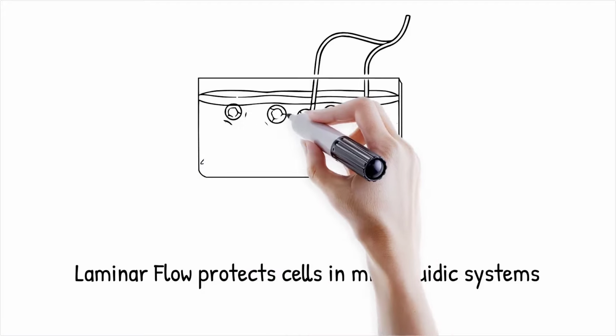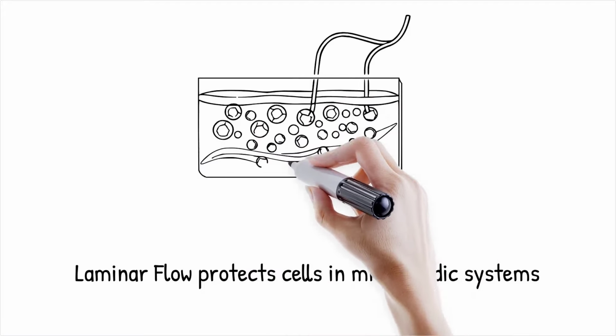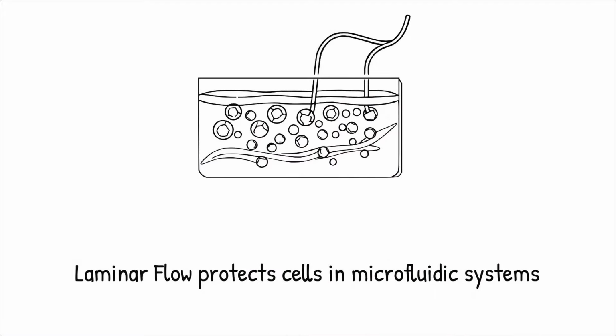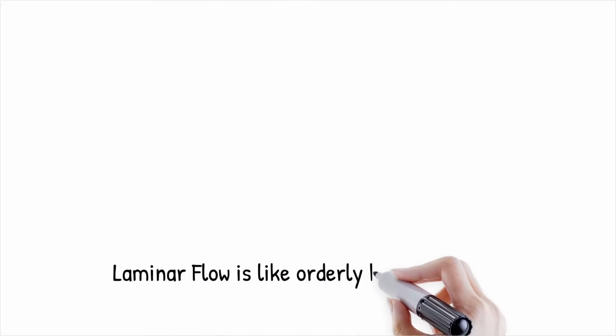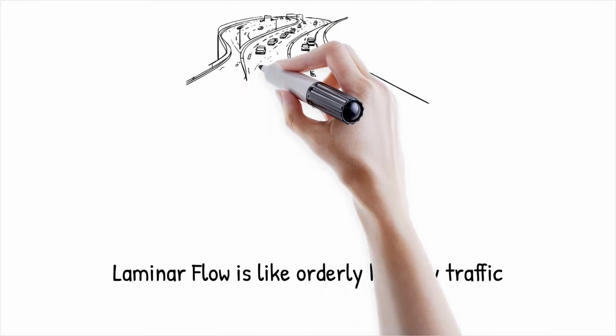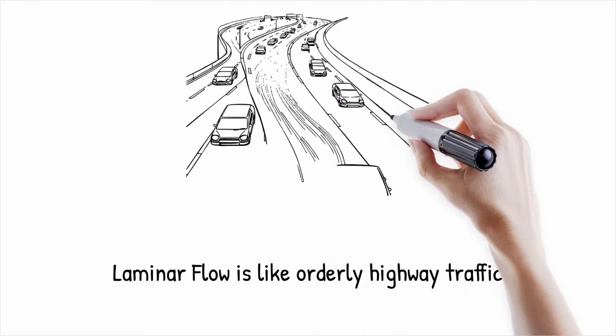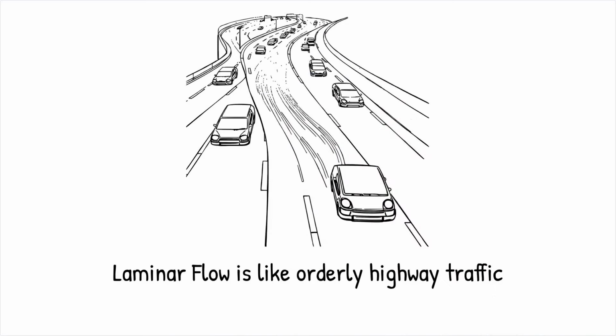In microfluidic cell culture systems, laminar flow prevents shear stress on cells, enabling controlled nutrient supply and waste removal. Laminar flow in microfluidics is like orderly lanes of highway traffic, where vehicles move smoothly without chaotic interactions.